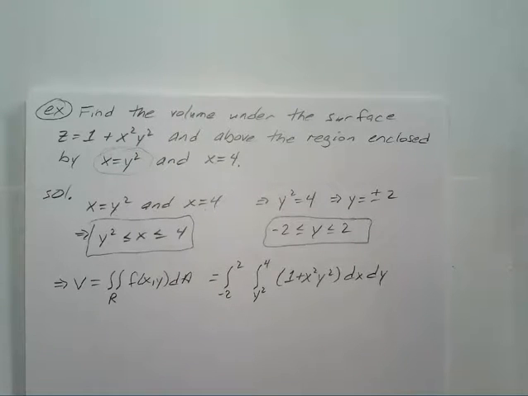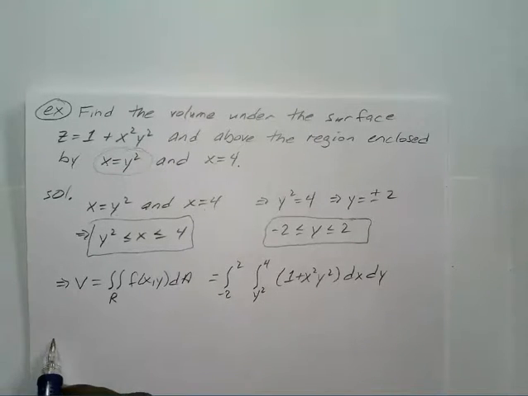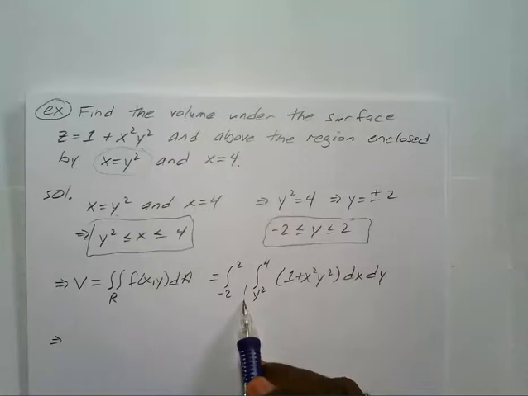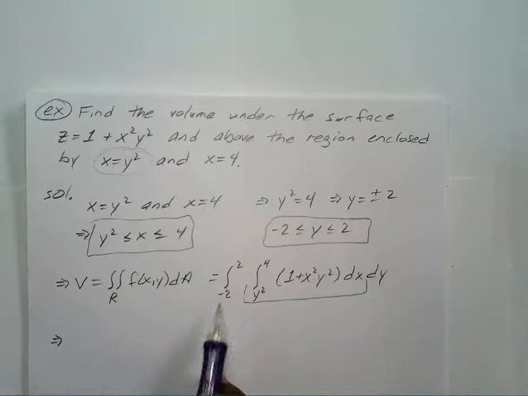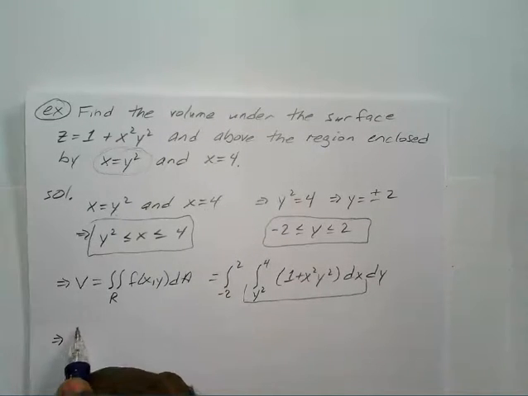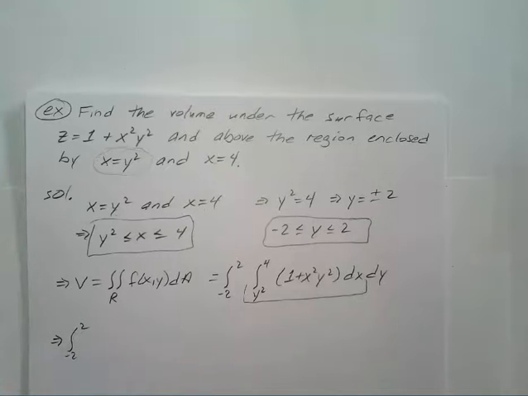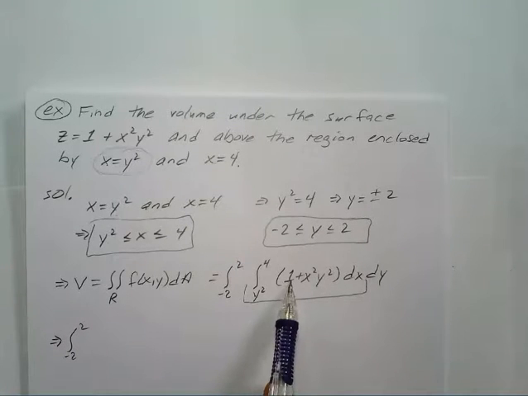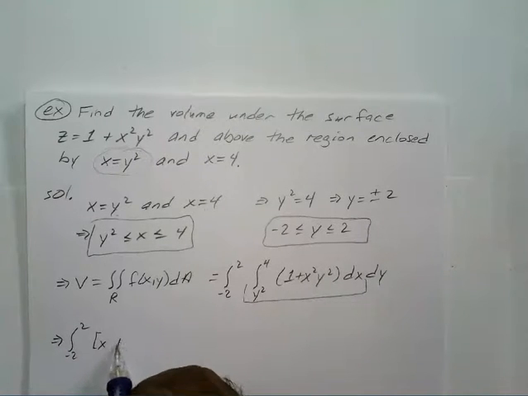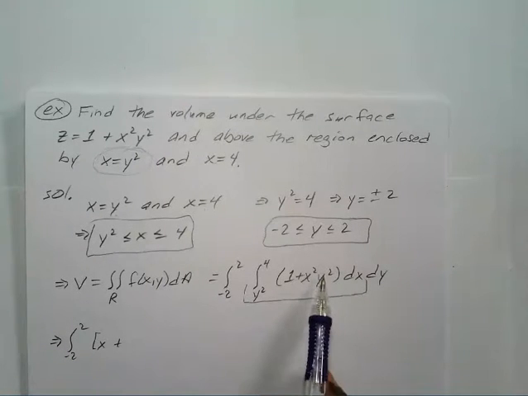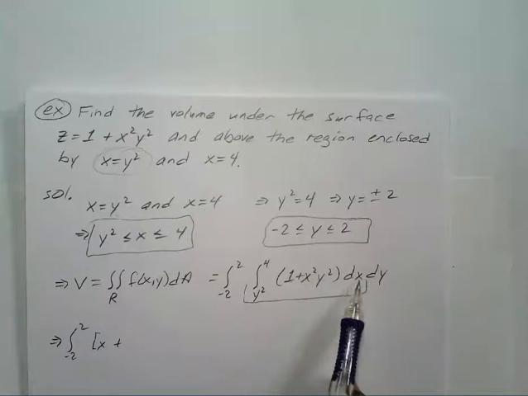All right, we're going to finish that down here. We're going to start in the middle like always and integrate this with respect to x. This one follows us right on down, from negative 2 to 2. The integral of 1 with respect to x is just x, plus the integral of x squared y squared with respect to x.